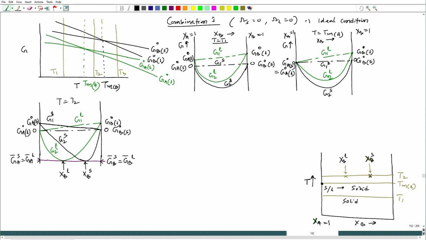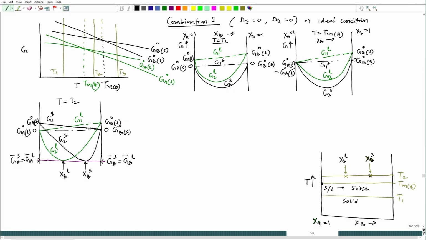And if we take different temperatures in between the two melting points of pure metal A and B, the common tangent will shift either to the left side or the right side depending on which side you are taking.